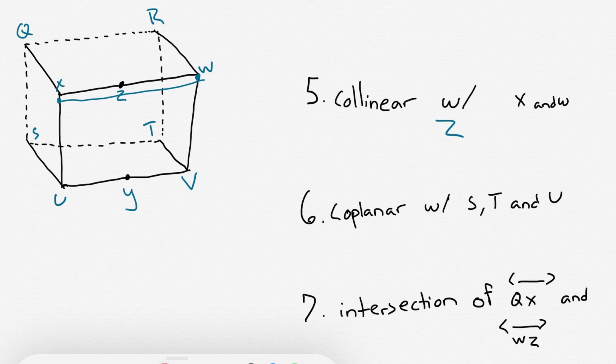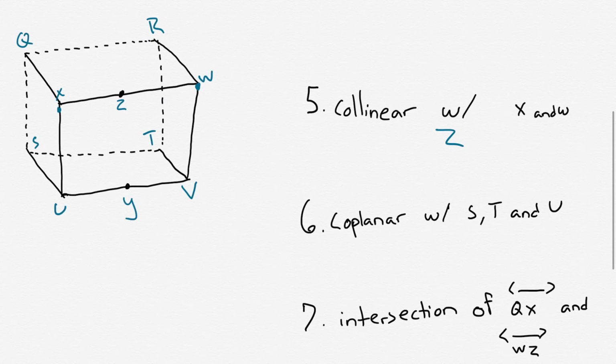Okay. So next is answer number 6, and that is what is also going to be coplanar with the points S, T, and U. So here's S over here, T over here, and U. And we see that we're talking about this plane right here.